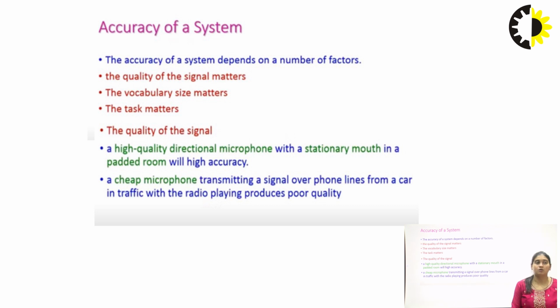It is very much understandable. By just referring to the words cheap microphone and high quality directional microphone, one can easily say that the high quality directional microphone will give high accuracy in comparison to the cheap microphone.